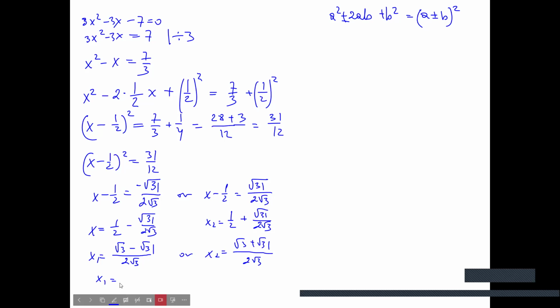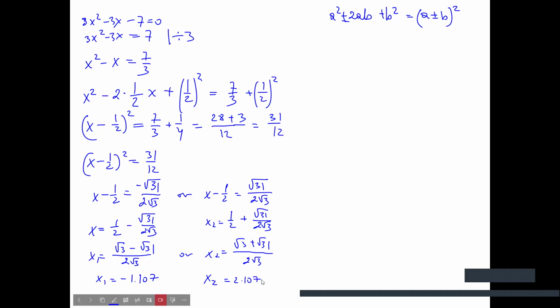Square root of 3 minus square root of 31, divided by 2, divided by square root of 3. So minus 1.107. And the second: square root of 3 plus square root of 31, divided by 2, divided by square root of 3, 2.107.